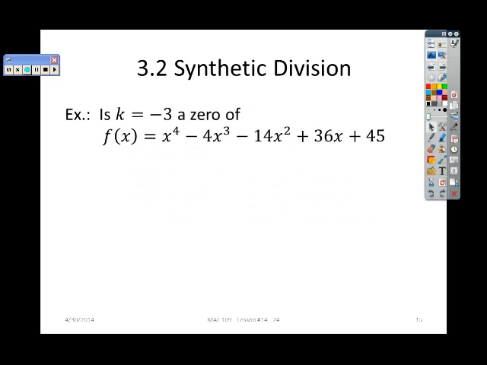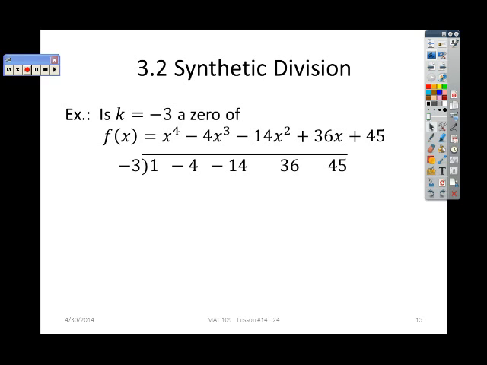For instance, is -3 a zero of that function? We can do the synthetic division. Because we're saying k is -3, this is what we do. So we're going to test -3.